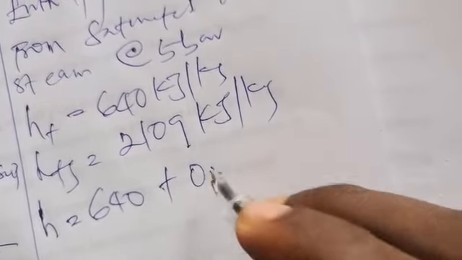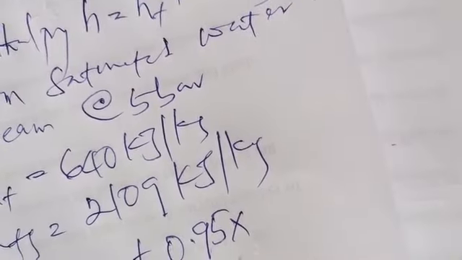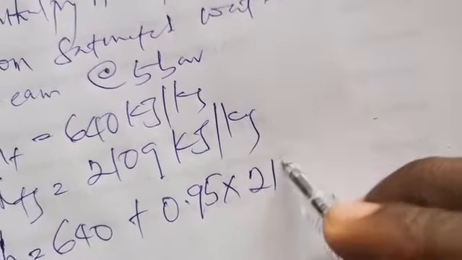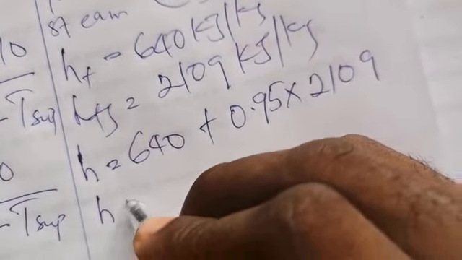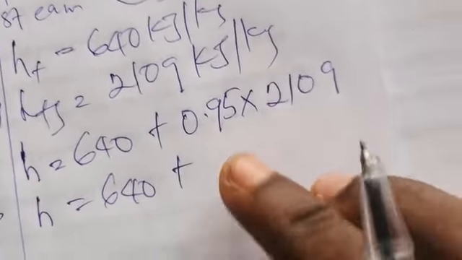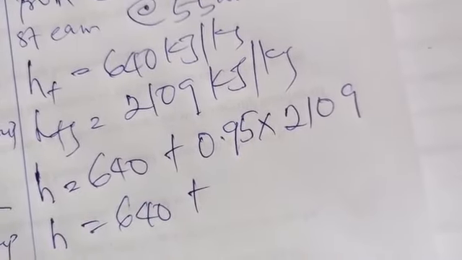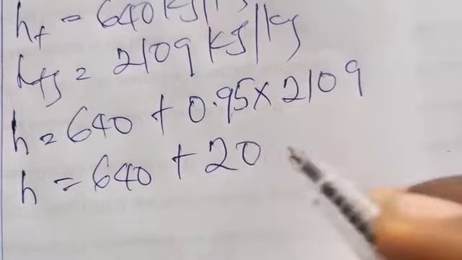So this is simply 0.95 multiplied by hfg, and hfg is simply 2109. Which means specific enthalpy is equal to 640 plus 0.95 multiplied by 2109, and that's 2003.55.